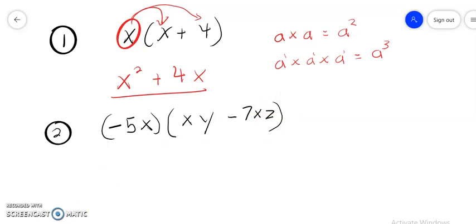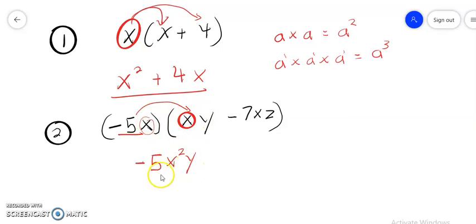Now we have to take the entire thing, negative 5x, and multiply with xy. What you will get here is, there is no number, so you can remain the number as negative 5, and you can see here the x and the x. You have 2 x's, so it's x square, and you can put here y.